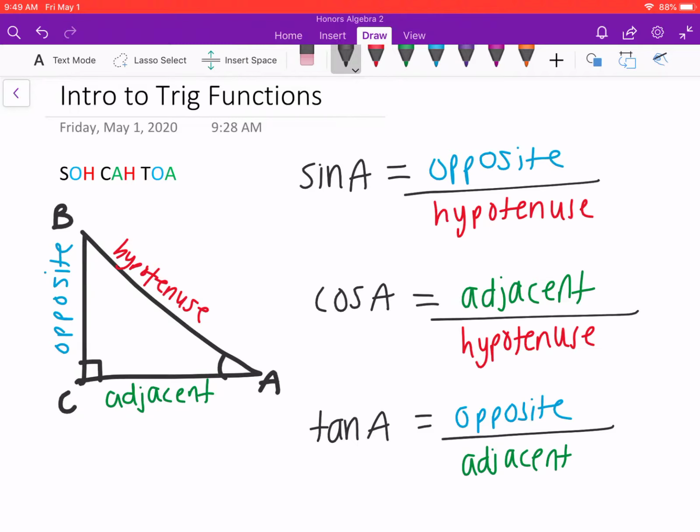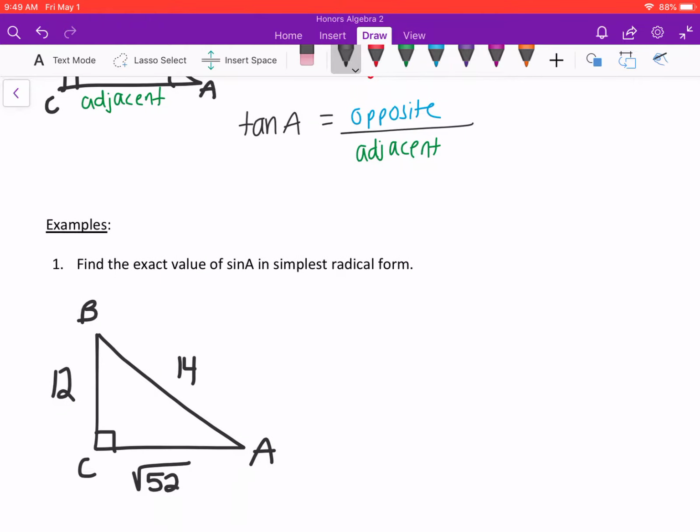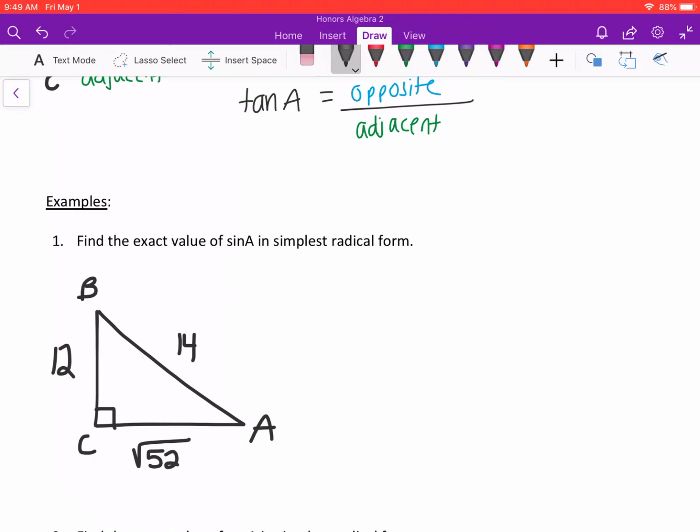So now we're going to take a look at how we would actually use some of these functions to solve for sine, cosine, or tangent. So in our first example, we have this triangle here, ABC. We want to find the exact value of sine of A and put it in simplest radical form. I think that it can be really helpful if we start out just by labeling the sides of this triangle.